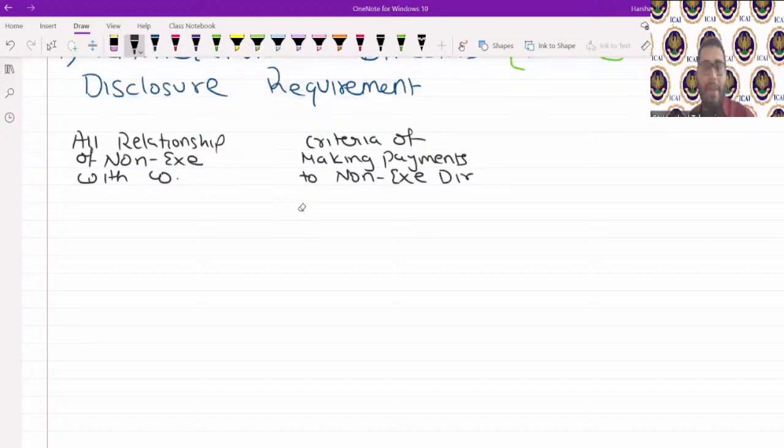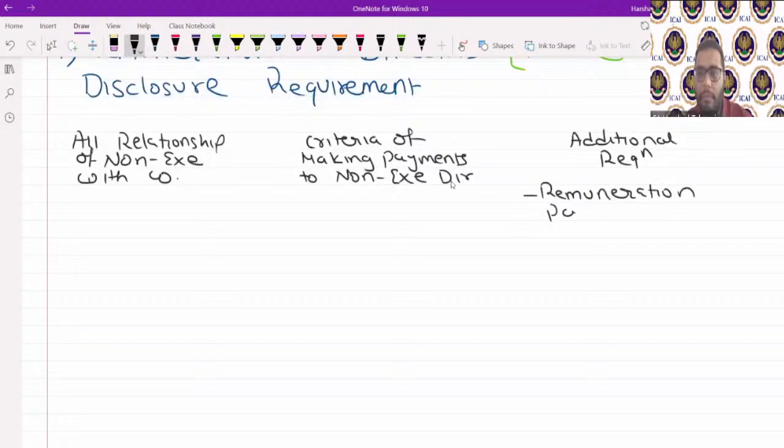Third, in addition to this, or requirement under company sec, the following should be reported. So additional requirements, which includes remuneration package of directors.